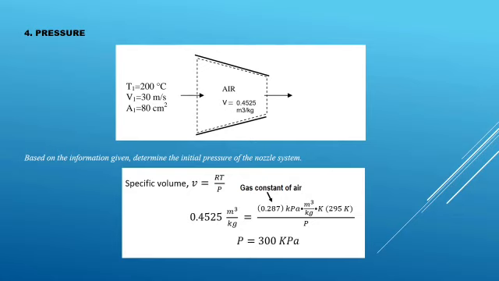Because of the specific volume, which we already learned just now, we use that formula: v equal to RT over P. So we change it so we can obtain P. The equation for pressure is P equal to RT over v. So we obtain the pressure. That's all from me. Thank you.